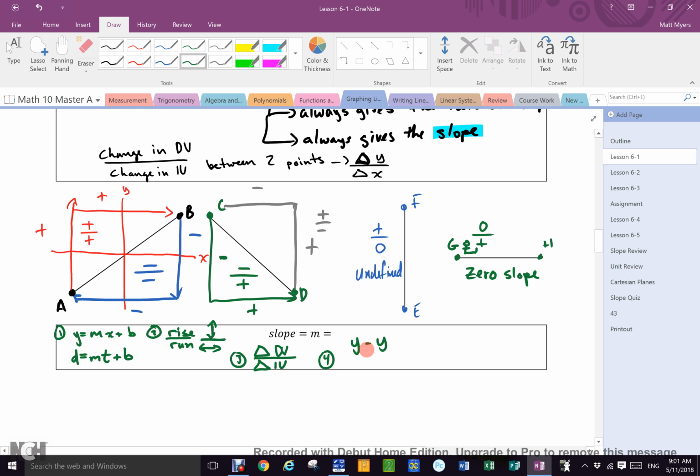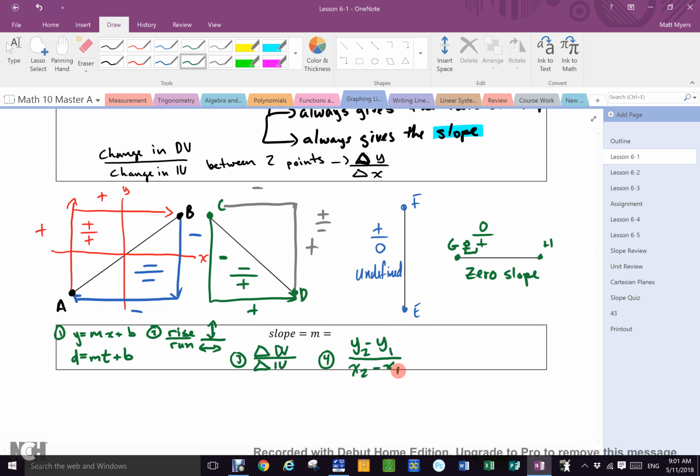But what is y minus y? It's 0, isn't it? So I can't write y minus y. So what we write is this: y2 minus y1. So if you have two y values and you subtract them, you get the change in y. So what then obviously goes on the bottom? x2 minus x1. Is everybody cool?